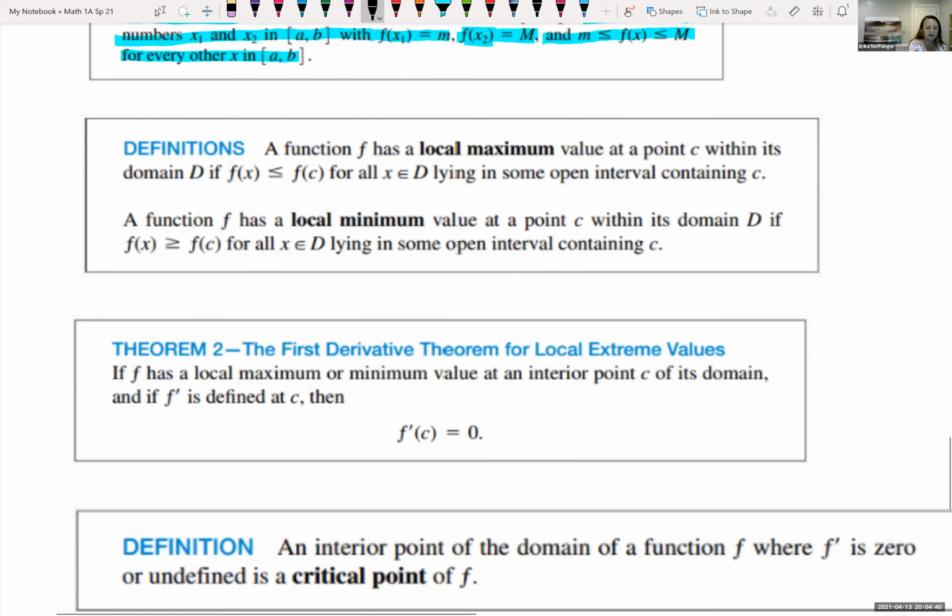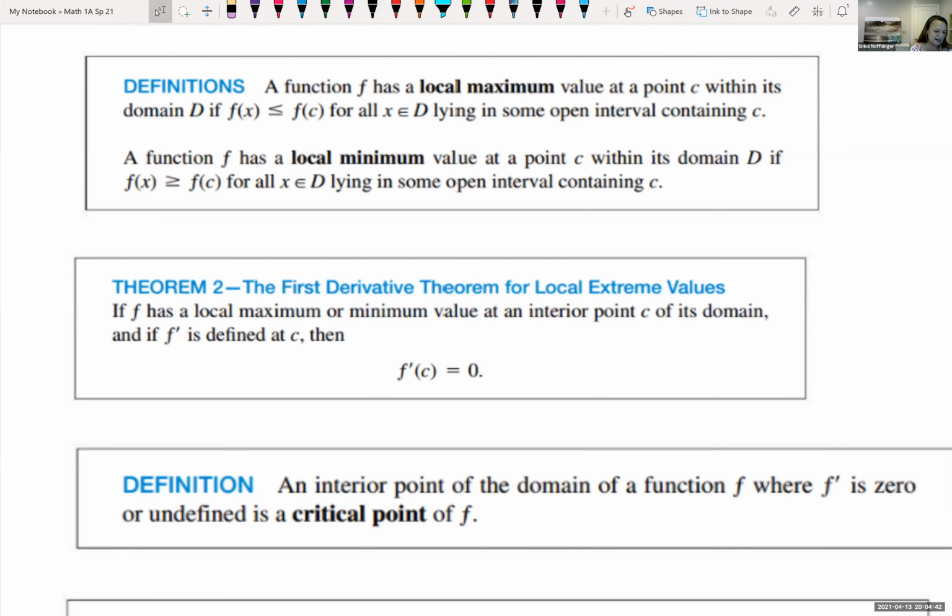Definition, pretty much we already stated this, but a function f has a local max value at some point c within its domain D if f(x) is less than or equal to f(c) for all x contained in D lying in some open interval.